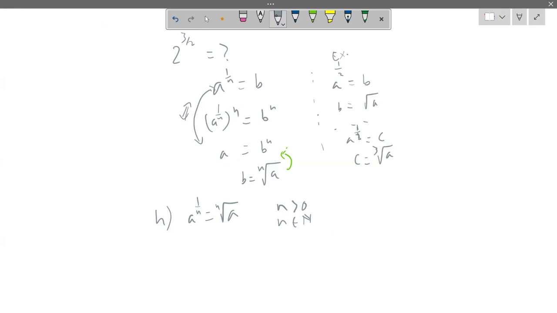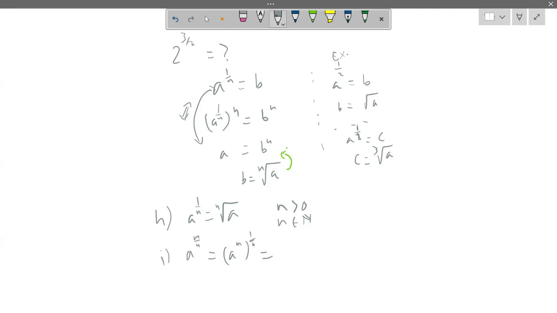So now that we have this, we can also establish another property, which is a to the power of m over n. This time, this is another class of rational numbers where the numerator is not necessarily 1. Here we use the multiplication of exponents again to rewrite this as a to the power of m, to the power of 1 over n.